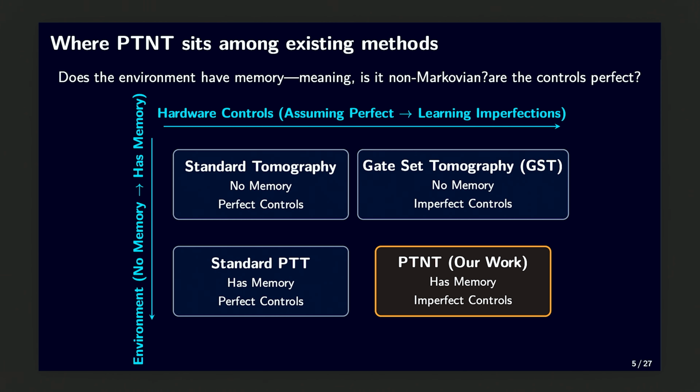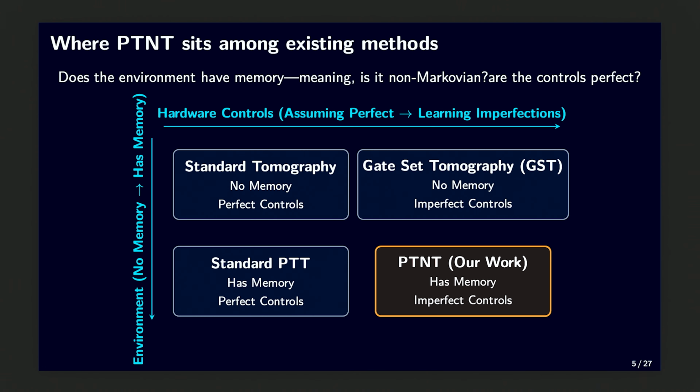It considered that the system is non-Markovian. They consider some memory in their system, and they consider all of the gates and controls to be perfect. So we have some gap here as well. We can't point out any noises in the control, but we can learn all of the background noises perfectly fine in this method.